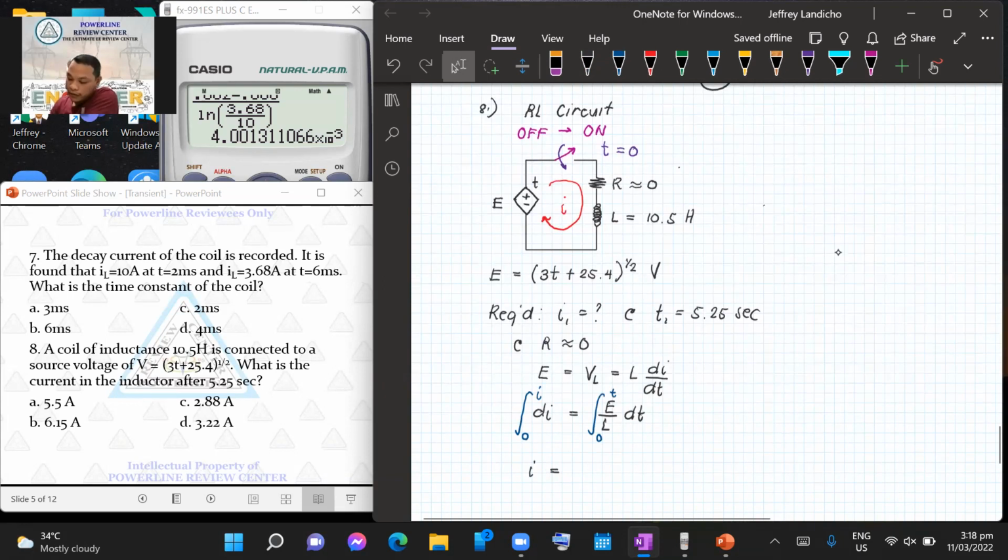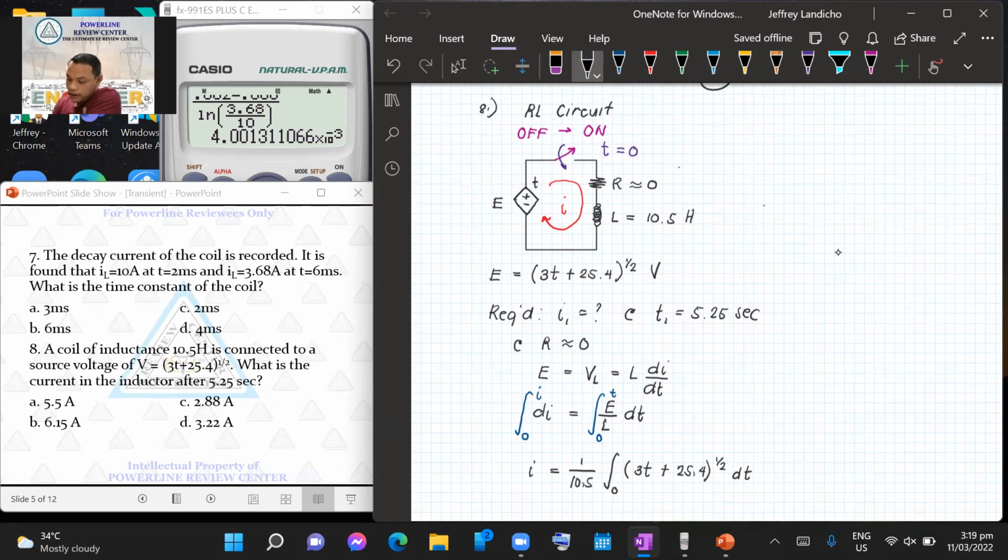So ilabas ko na lang itong 1 over L. Ano inductance natin? 10.5. Integral ng ating source voltage, that is 3t plus 25.4 raised to 1/2 dt. Okay?